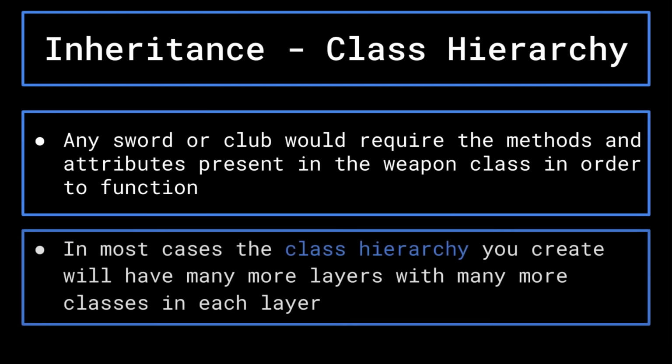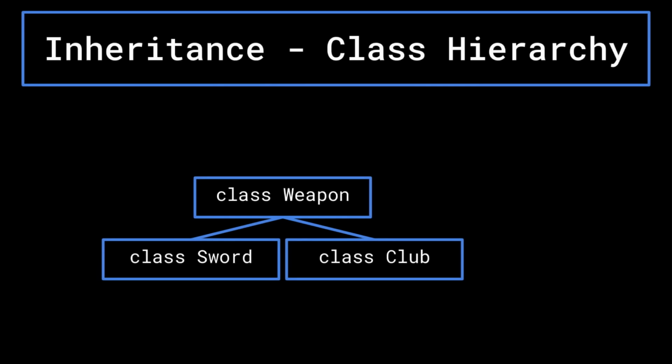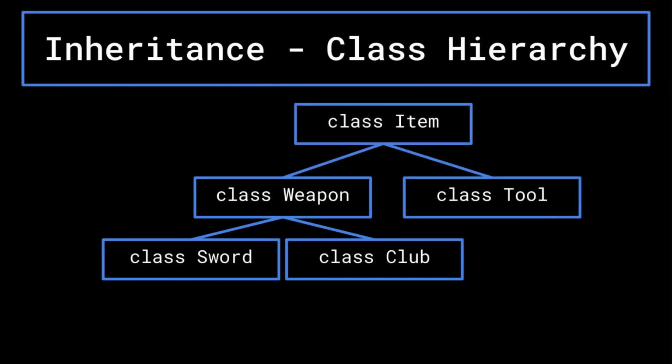The class hierarchy does not tend to be so small, however, as in most cases there are many more layers than just one superclass and a couple of subclasses. The weapon class may be a subclass to a broader items class, which could contain many other subclasses with subclasses of their own.